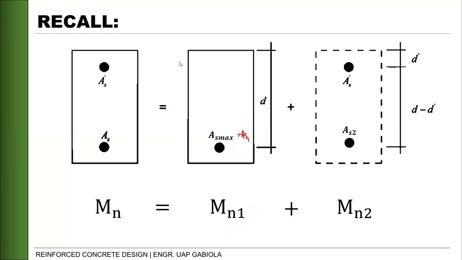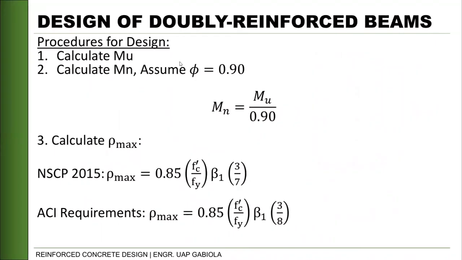And then another capacity from our couple na to, from our compression steel and also our tension reinforcement, additional tension reinforcement due to the additional compression steel that we have provided at the top. Okay? So as a step or procedure, ito yung summary ng procedure that we can adapt in calculating for the design of double reinforced beam.